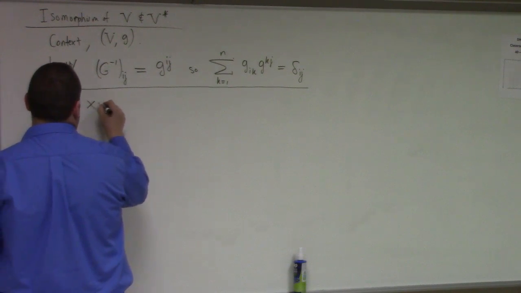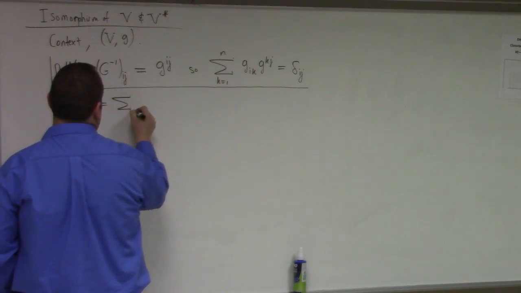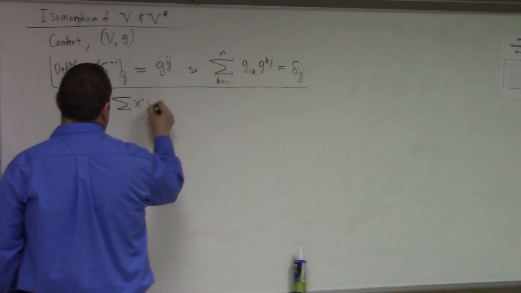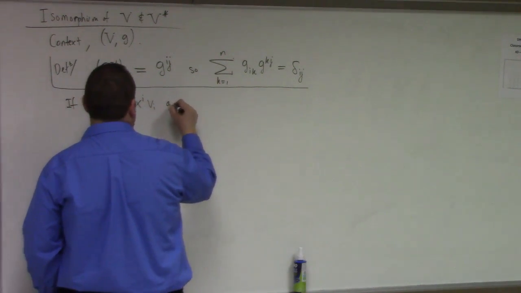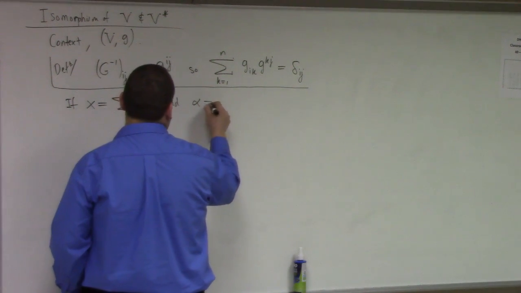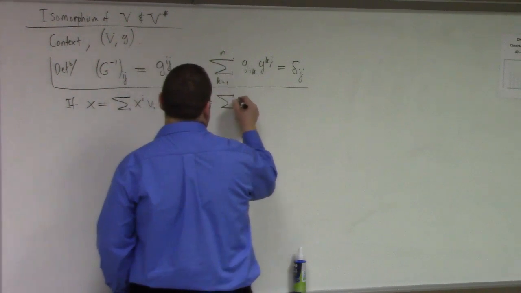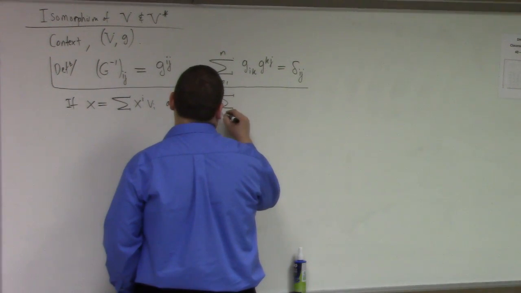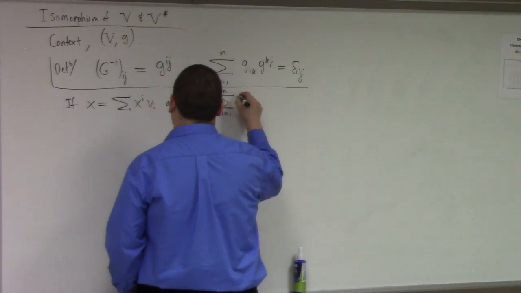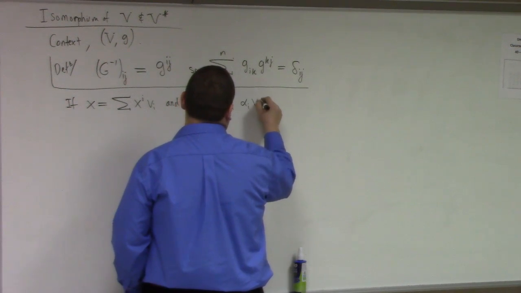If x is equal to a sum of, let's say, x upper i, v lower i, and alpha is equal to a sum of, let's say, i equals 1 to n of alpha lower i, v upper i.